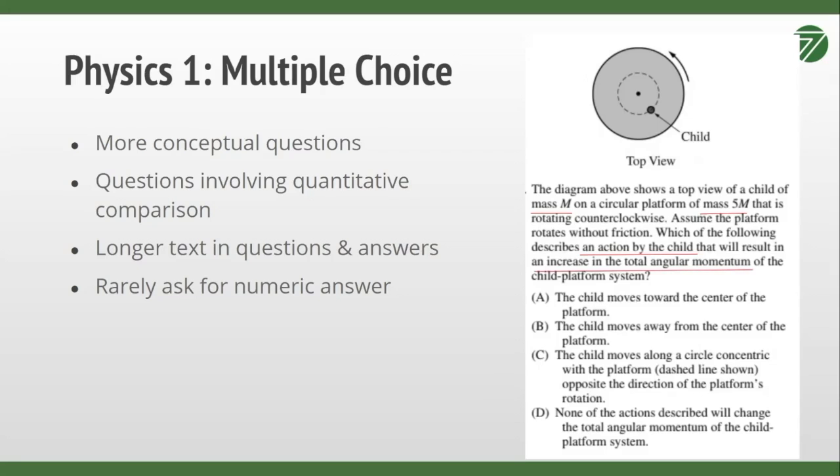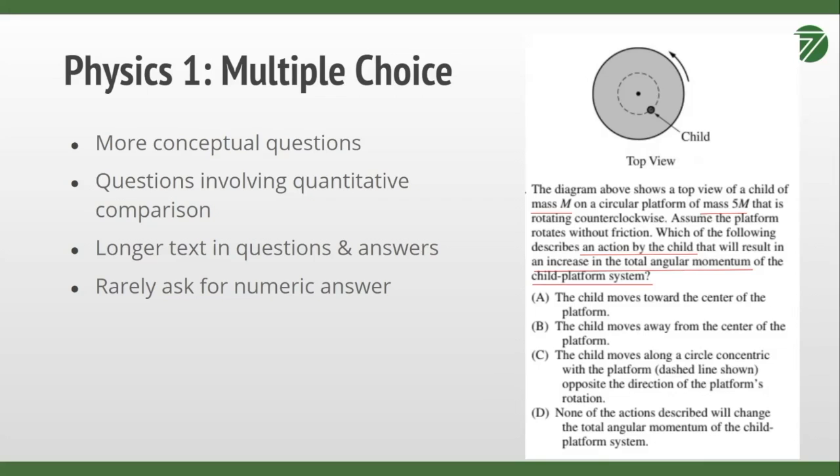And then it says that will result in an increase in the total angular momentum of the child platform system. The child platform system includes the child and the platform, and that makes a big difference in how we answer the problem. If we're talking about increasing the child's angular momentum, increasing the platform's angular momentum, or increasing the angular momentum of both the child and the platform.